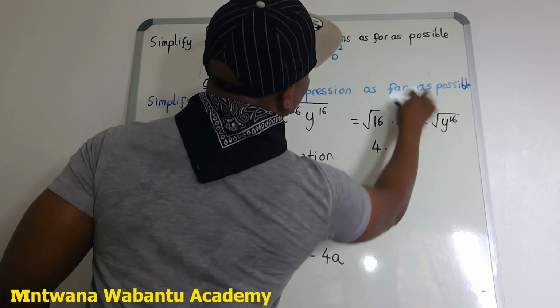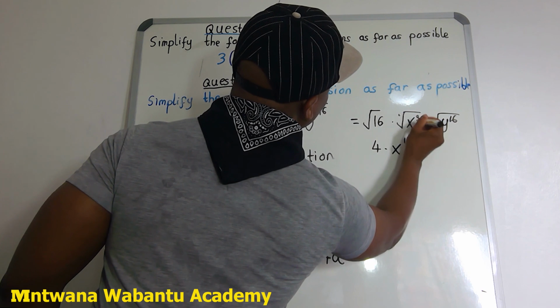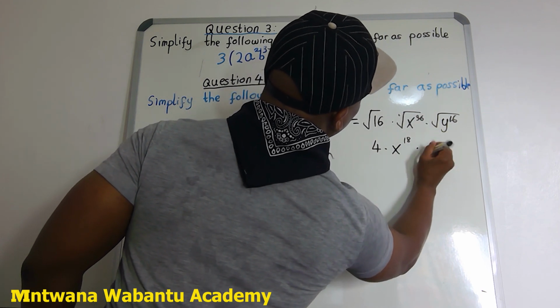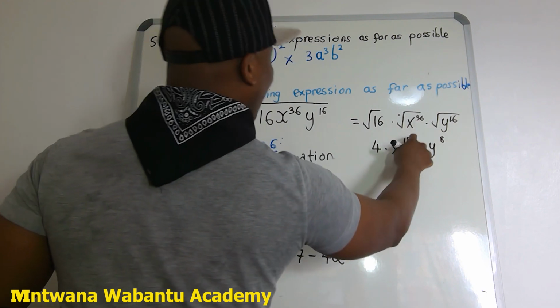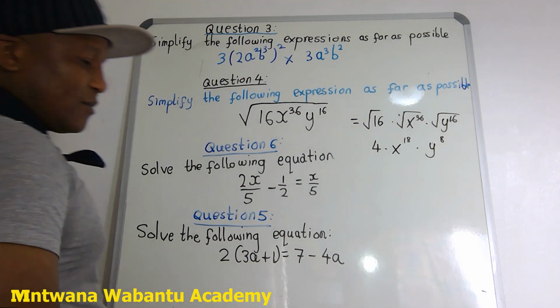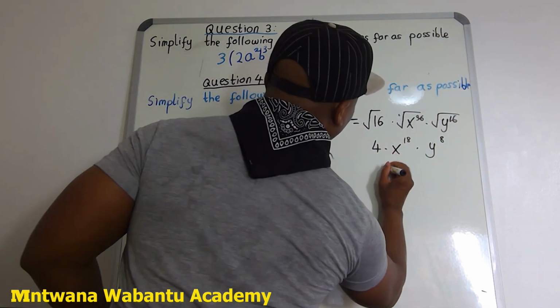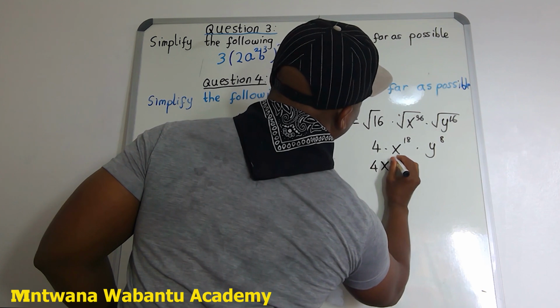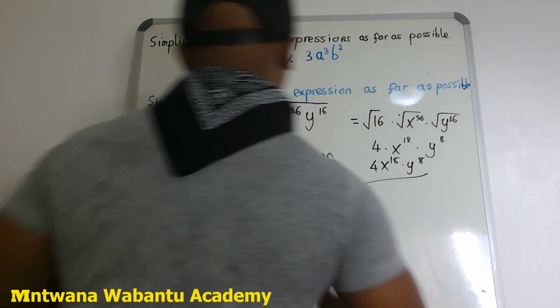This 36, when you square root it, is going to be x^18. It means divide the power by 2. And the same thing for y: when you square root this, you get half of the power. You know what I'm saying? So finally, this is going to give us 4x^18 and then y^8. Okay, so we're done with this question.